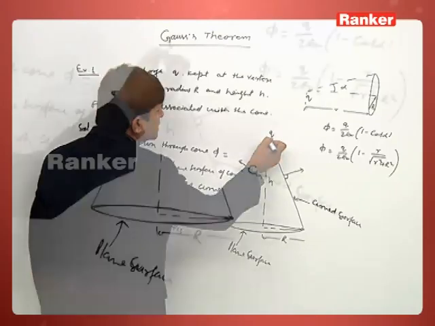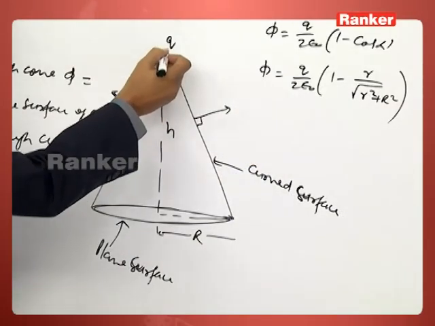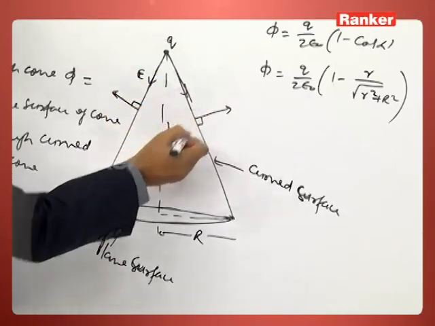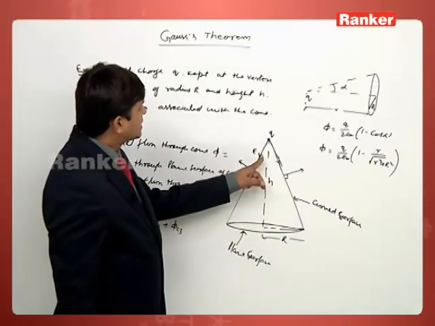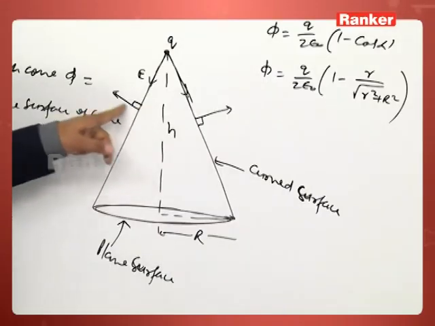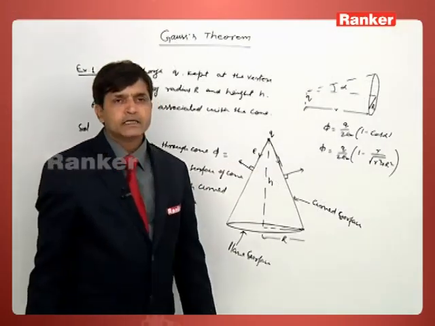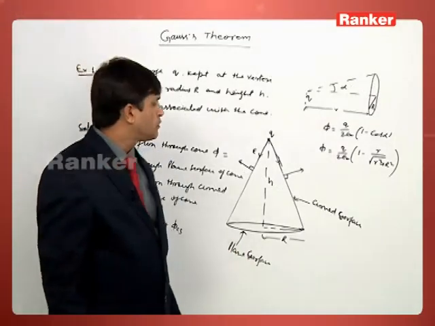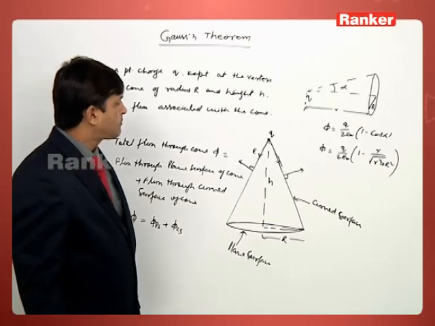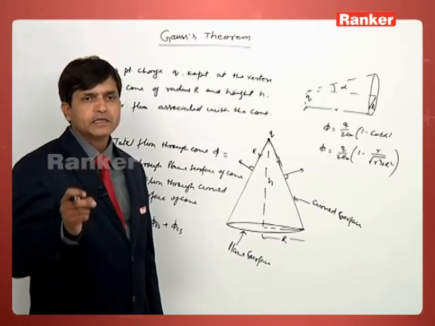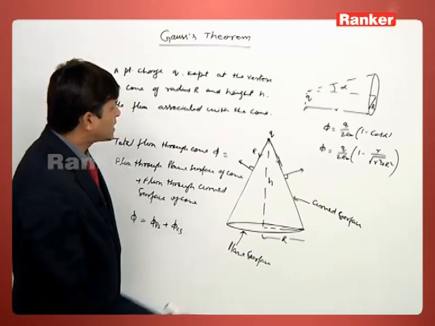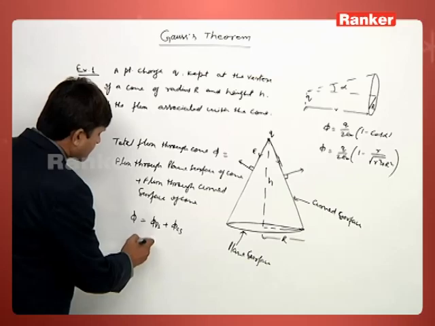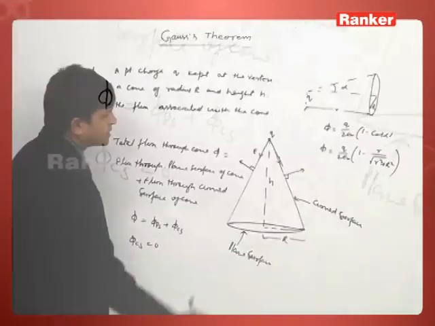Due to the charge, this is the direction of the electric field. So the electric field and area vector make an angle of 90 degrees here. The flux through any surface is given as electric field into area into cos theta, and theta here is 90 degrees. So the flux through the curved surface will be 0.